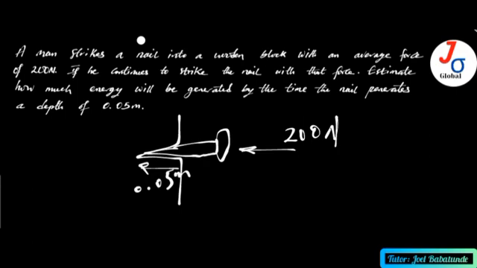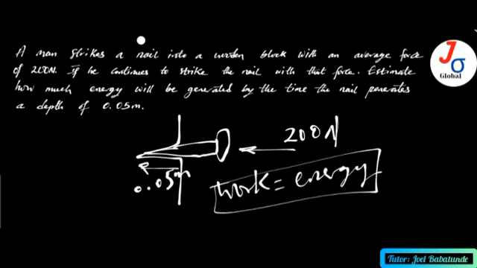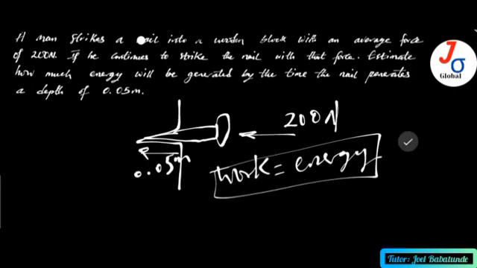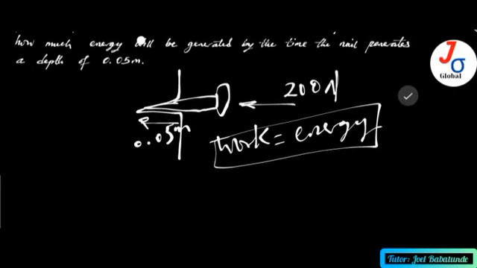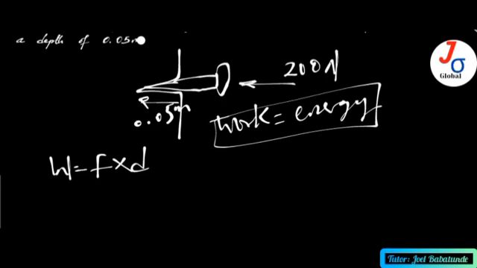Alright, energy is the same as work done, both measured in joules. Now what's the formula for work done? Work done is force multiplied by distance. Both force and distance are parallel to each other in this case.